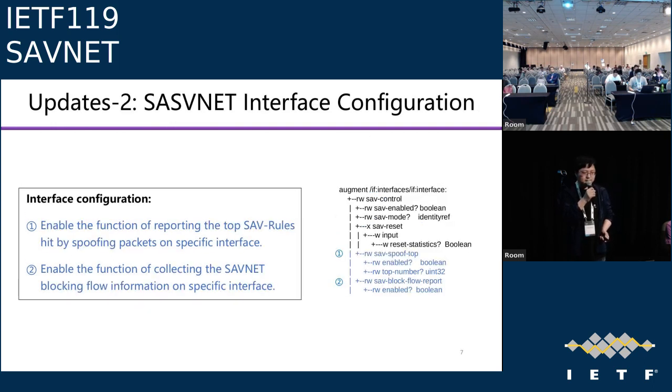Update 2 for interface configuration. Firstly, we enable the function of reporting the top SAV rules hit by spoofing packets to a specific interface. Second, enable the function of collecting the Savnet blocking flow information on a specific interface.